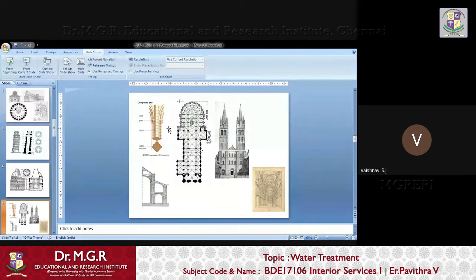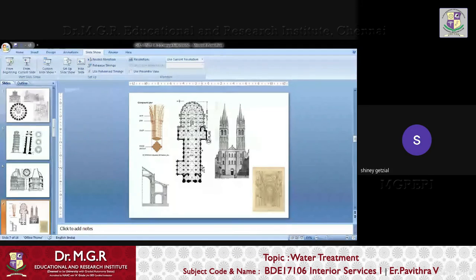Okay, what building is this? Can you name this cathedral? London, ma'am. No. You have to name the cathedral.